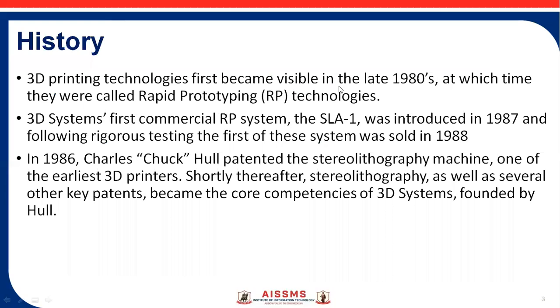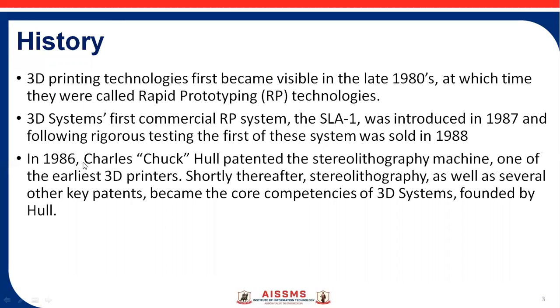It first became visible in the late 1980s, at which time they were called rapid prototyping technologies. The first commercial rapid prototyping system, the SLA-1, was introduced in 1987, and following rigorous testing, the first of these systems was sold in 1988.